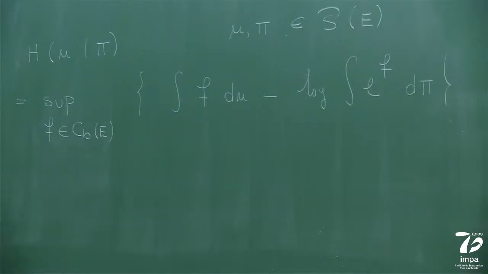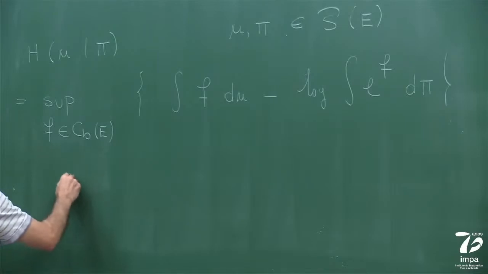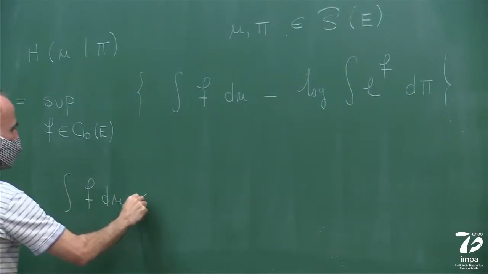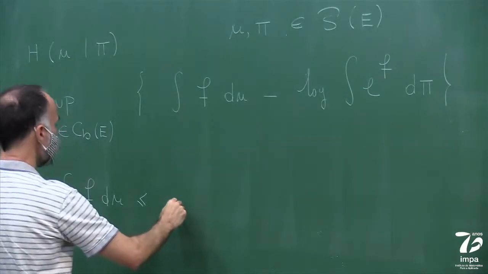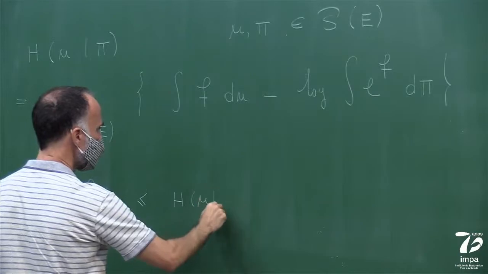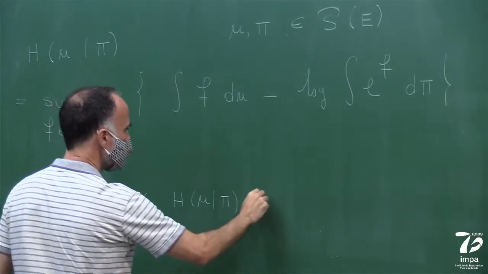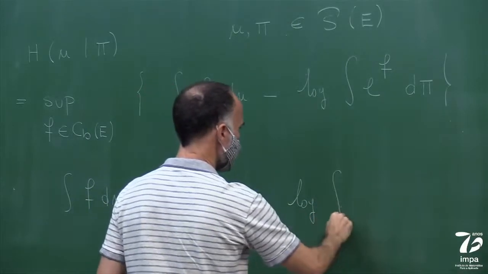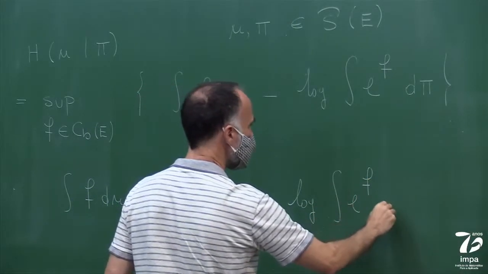And why will it be used? Well, this is a supremum, which means that the integral of f d mu is always bounded by the entropy of mu with respect to pi plus the log of the integral of exponential f d pi.